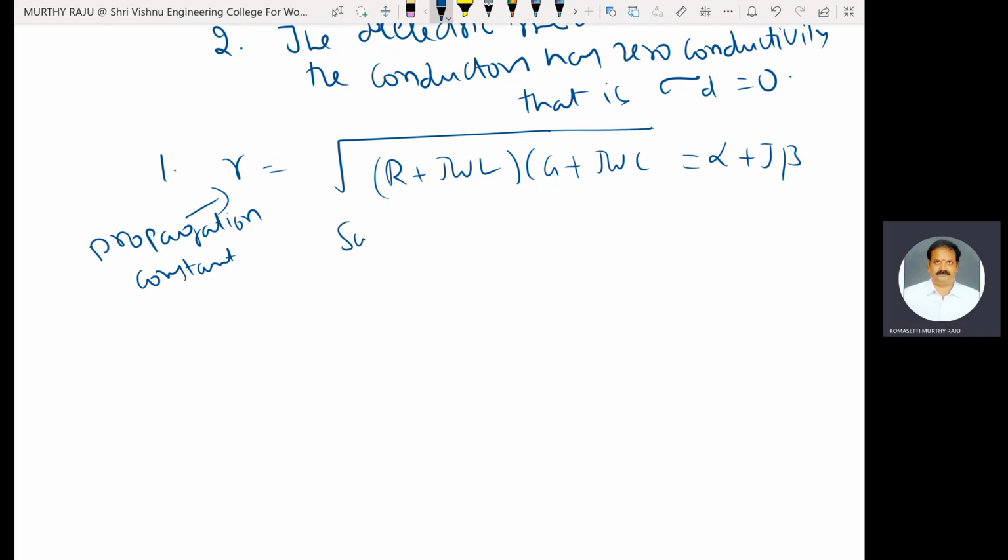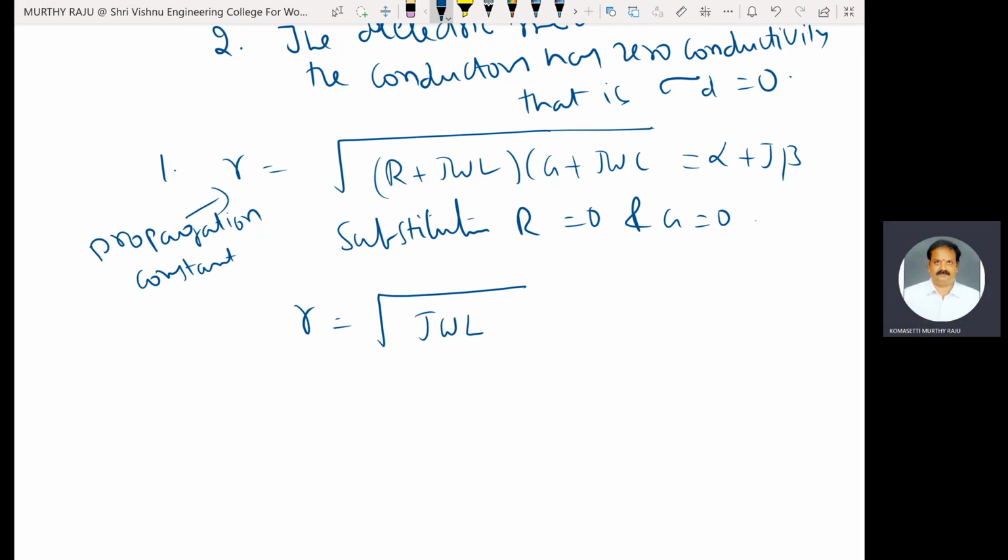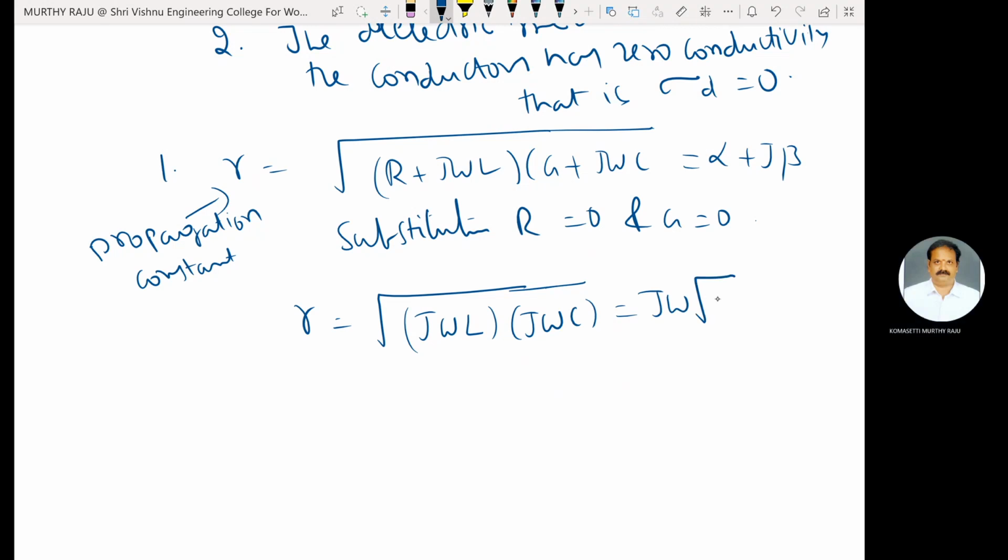Substituting R equal to 0 and G equal to 0 in the above equation, gamma is equal to square root of j omega L into j omega C, that is j omega root LC, which is equal to alpha plus j beta.